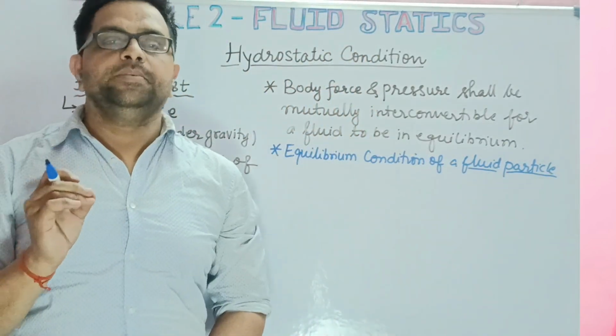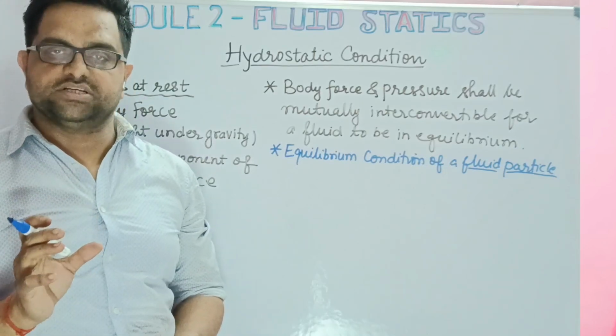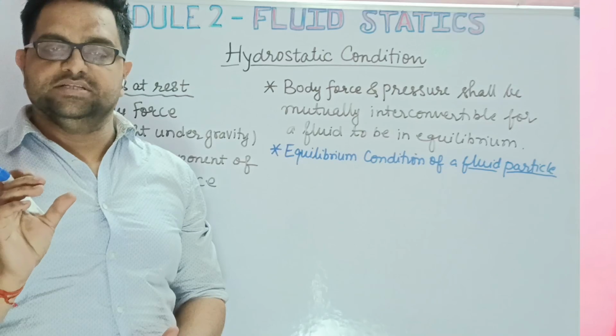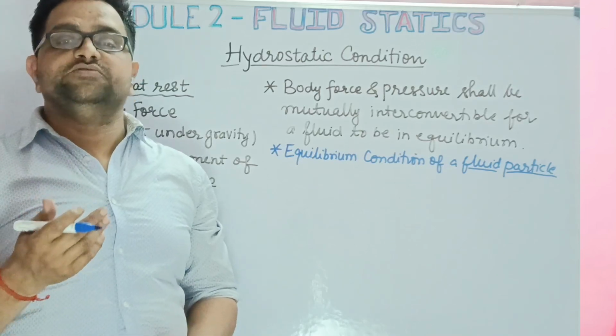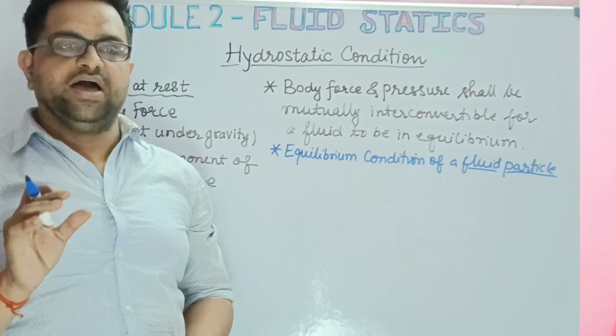This fluid particle may be defined as a body of fluid having finite mass and internal structure but negligible dimensions. Now, the fluid particle is very small, but it is large enough that the continuum hypothesis remains valid.